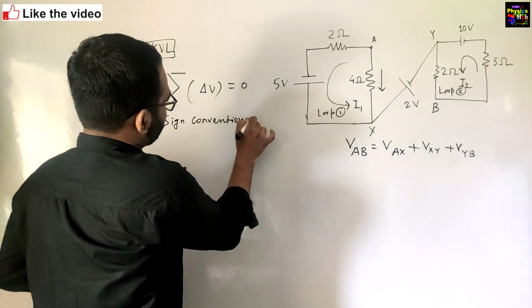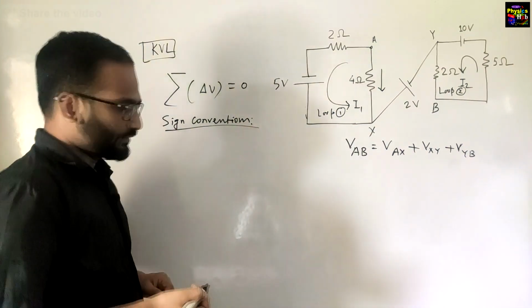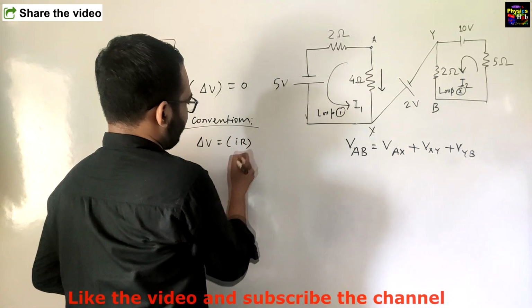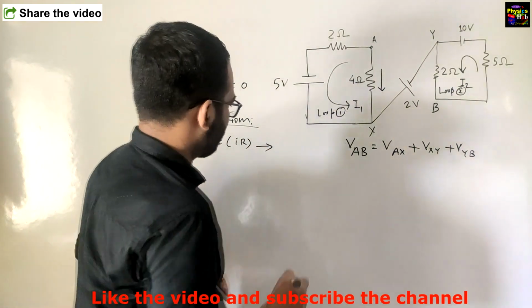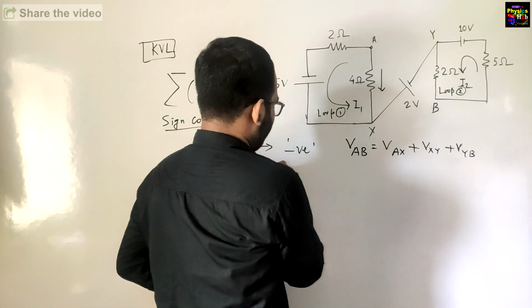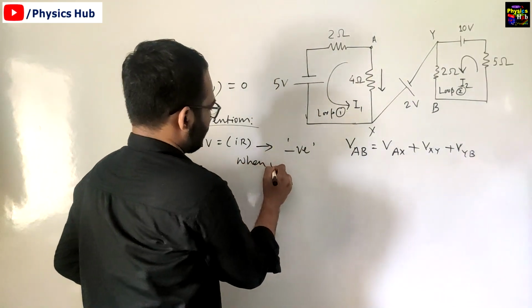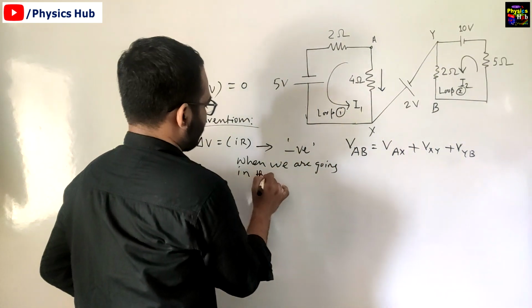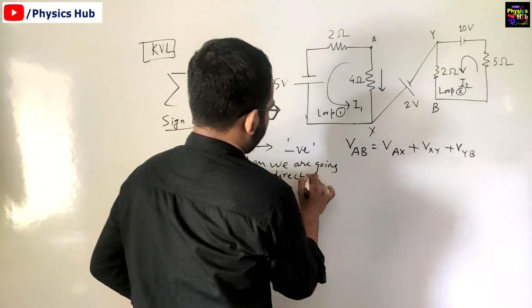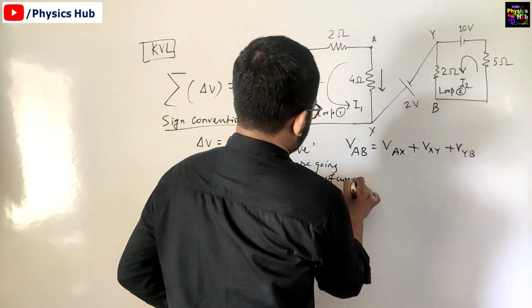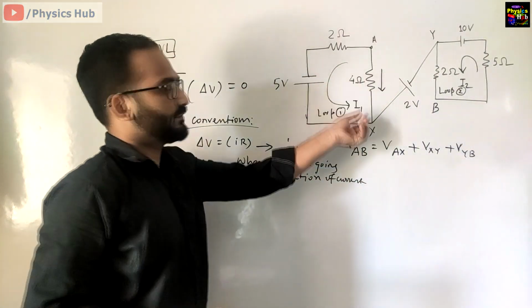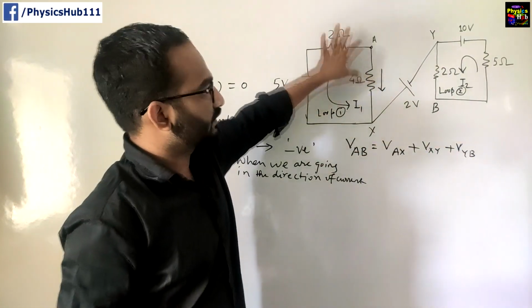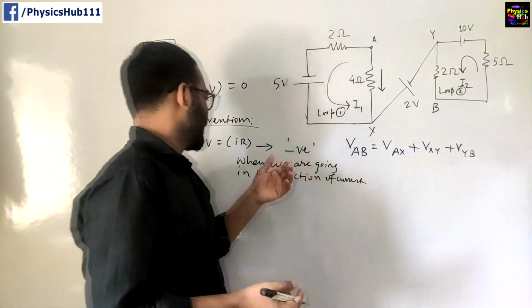Firstly, for the resistances, the potential drop delta V equals I into R. This will be negative when we are going in the direction of current. So if you are going in the direction of current across a resistance, the corresponding voltage drop across that resistance will be negative.